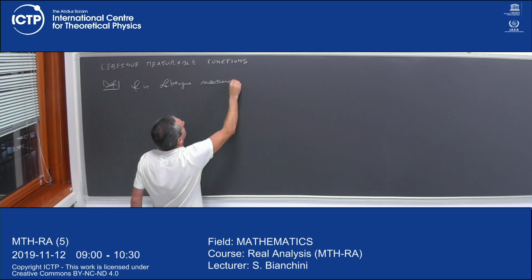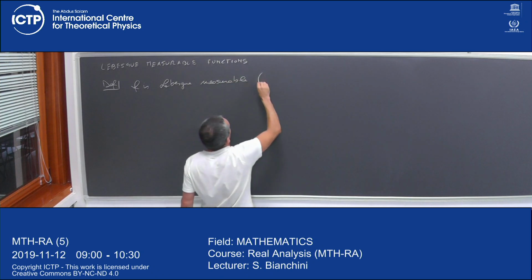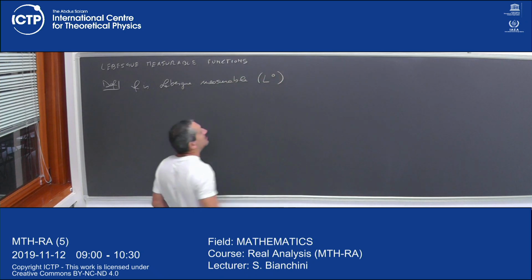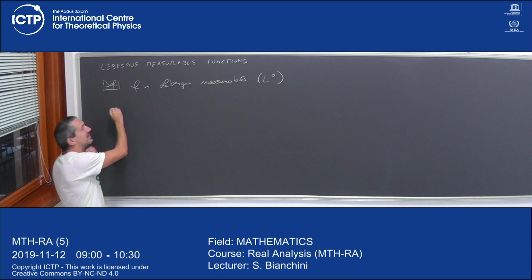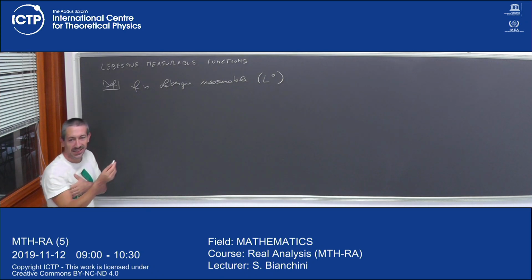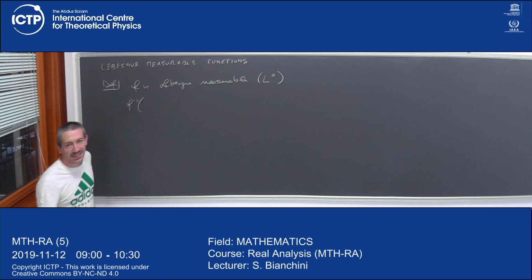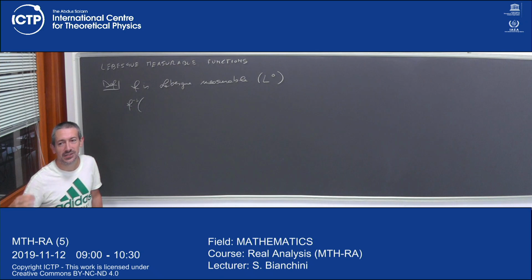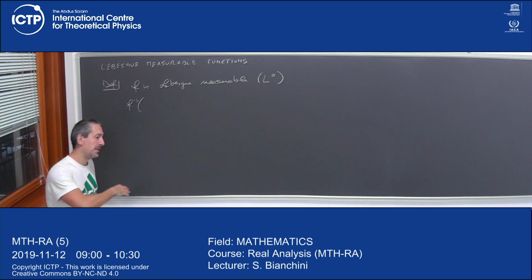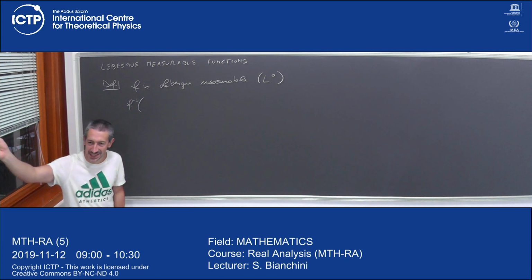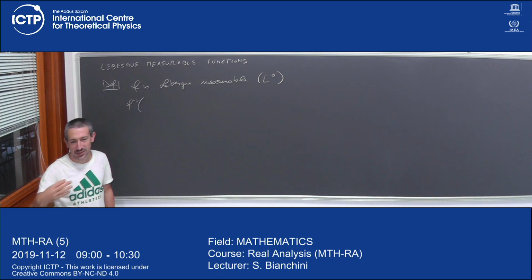F is measurable, and we will use for shortness the notation L0, if the inverse image f to the minus 1 of intervals, they have several definitions. Intervals, open sets, half lines, then Borel sets.